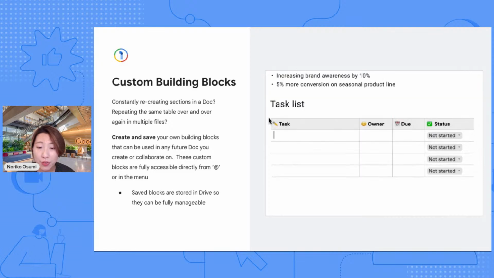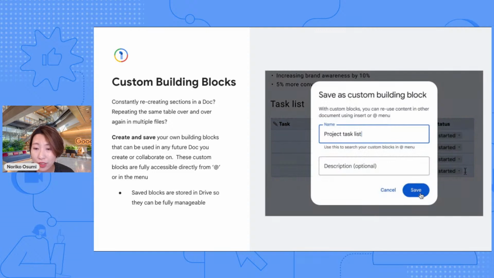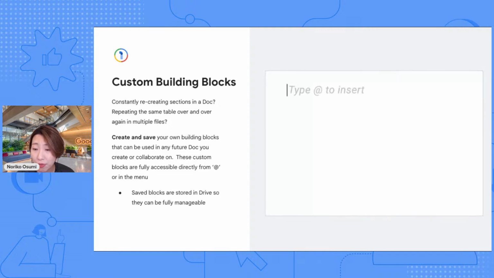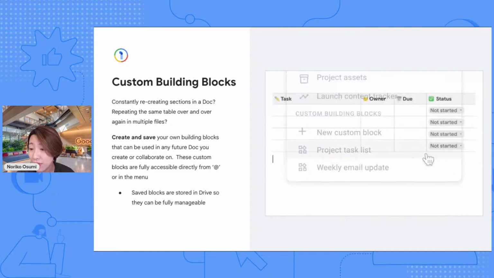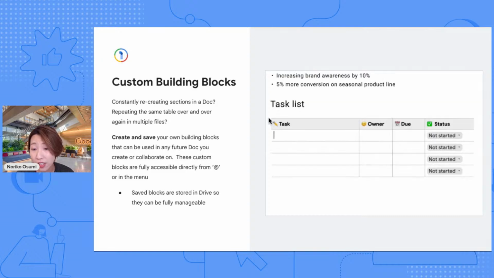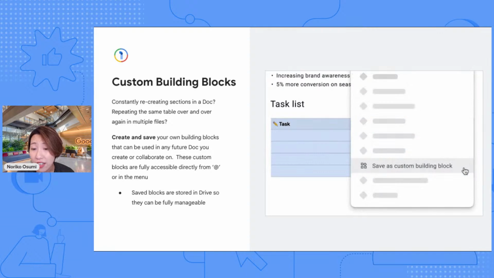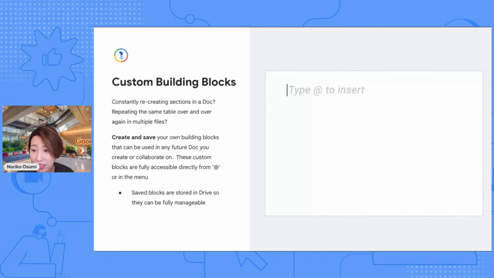Let's say you wanted to update it because maybe instead of status, now you want to call it review tracker. What you can do is go into the instance of the building block that we've saved for you, actually edit it directly, and then use it again going forward within the updated building blocks functionality.